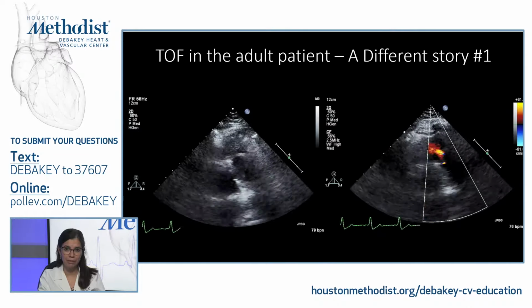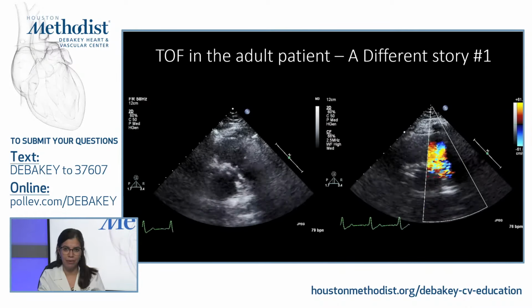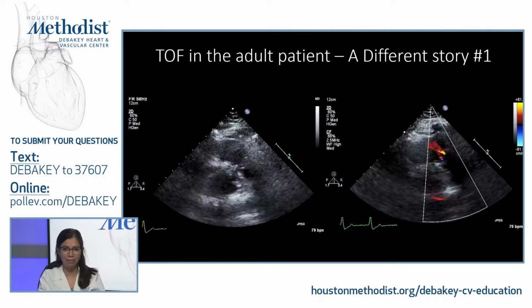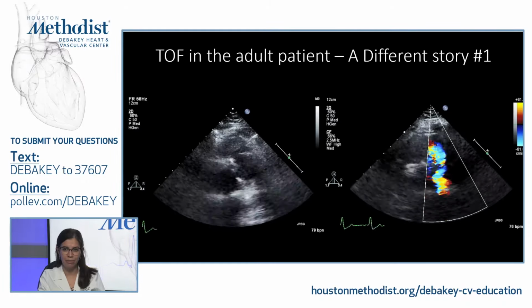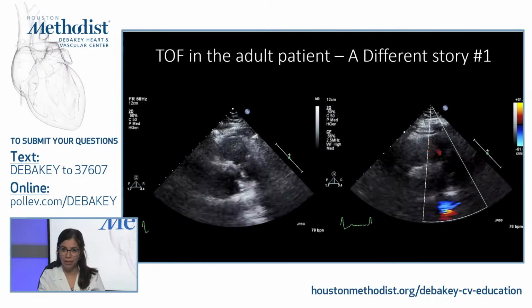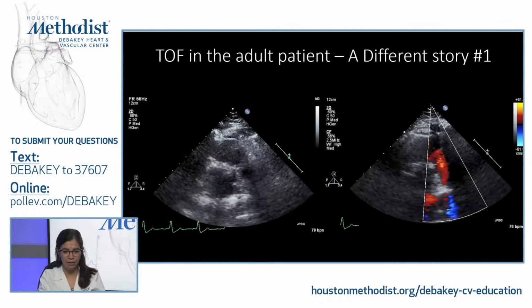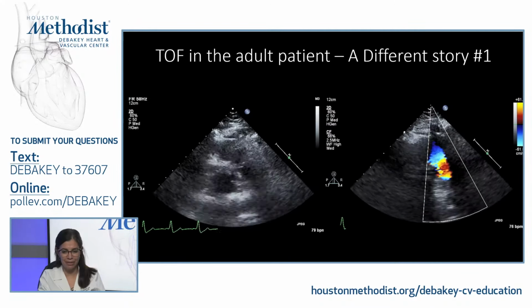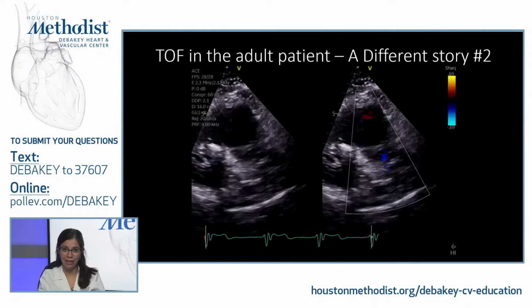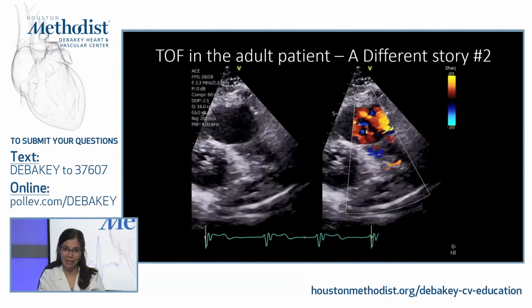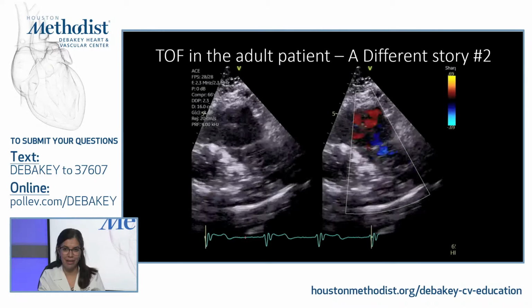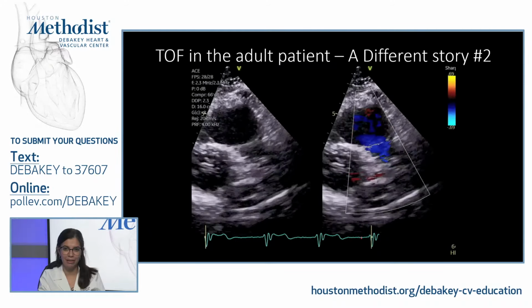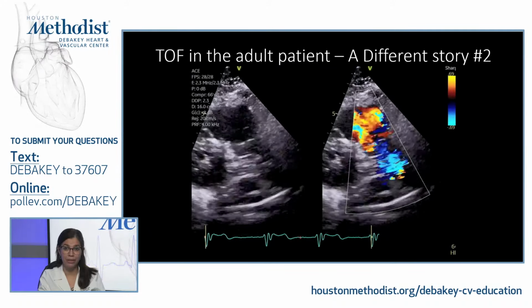So in these patients, we can see the pulmonary valve in limited views, and we can assess for flow acceleration and pulmonary regurgitation that in this case is not as significant as it is in this case here, where we can see a dilated RVOT and severe pulmonary regurgitation.